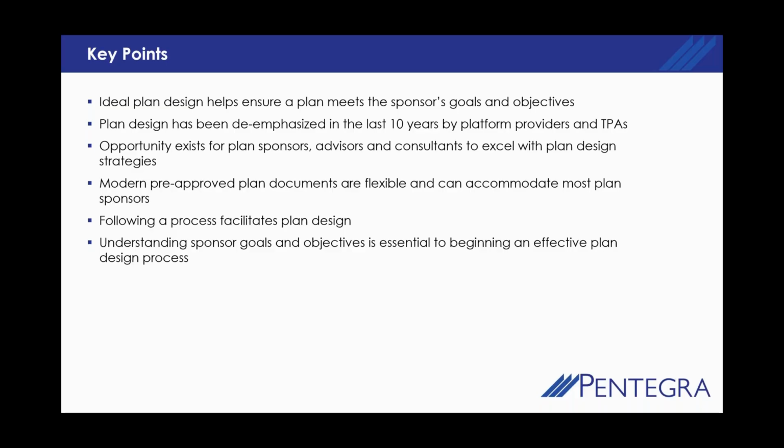We will help design a plan that meets those objectives and goals, bring that back and present it to that employer, see how they like that design. What do they like? What do they not like? What met their objectives? Maybe they changed their mind or they weren't clear. We redesign it until it looks like what that employer wants. And then we can put that plan into effect on a pre-approved plan document.